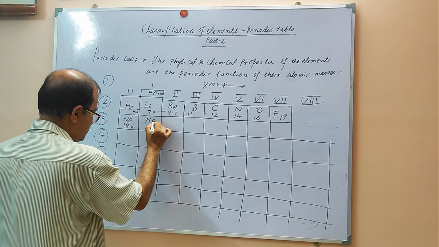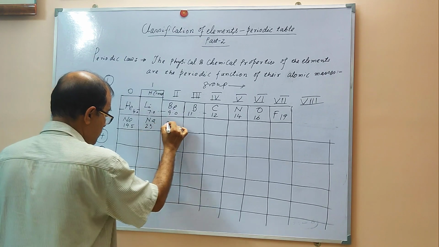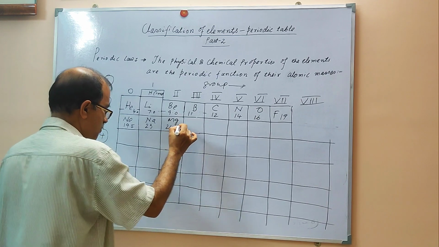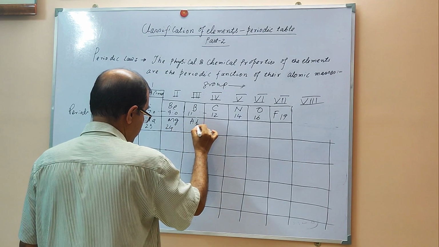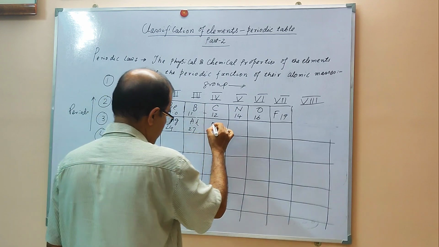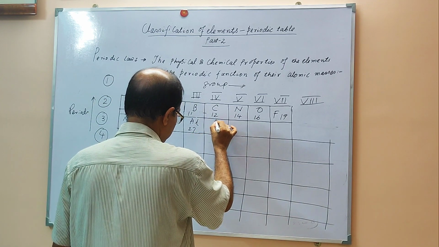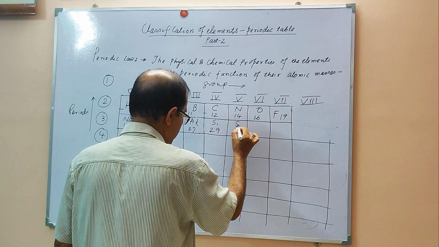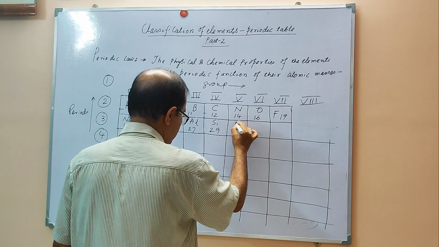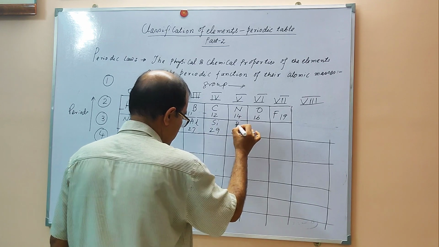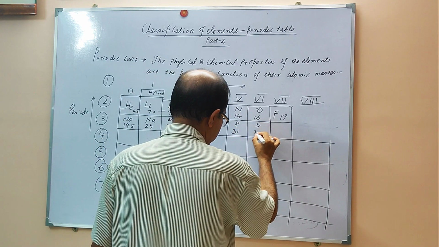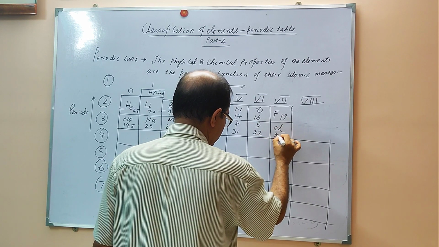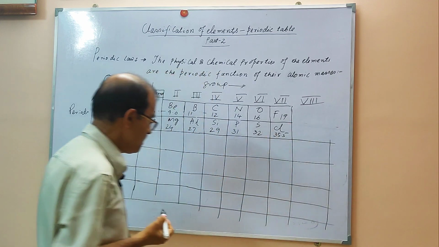Then sodium, 23. Magnesium, 24. Aluminium, 27. Then silicon, 29. Then phosphorus, 31. Sulfur is 32. And here chlorine is 35.5.